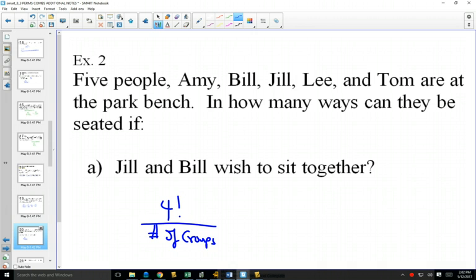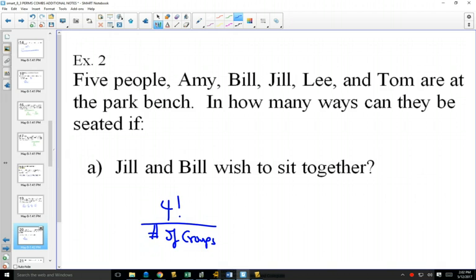Another way that sometimes people see this is they think about gluing Jill and Bill together and they now become a new person, a single person that's inseparable. Maybe you've seen that with certain couples. They're never apart. They're like glued together. And so we have 4 people now.